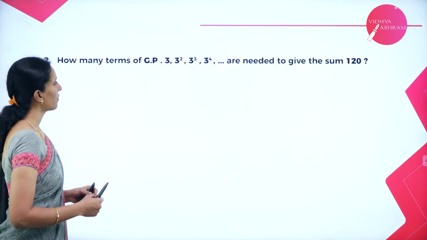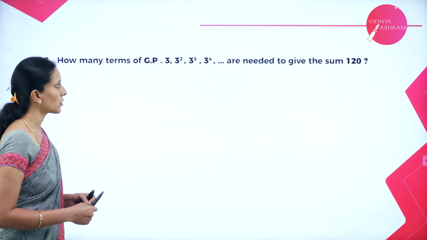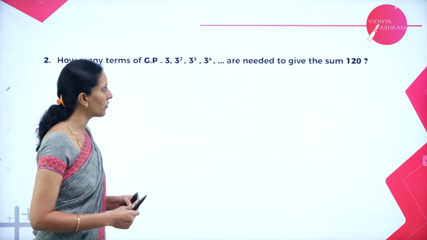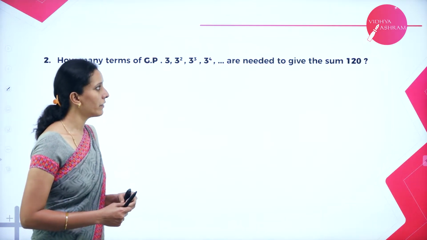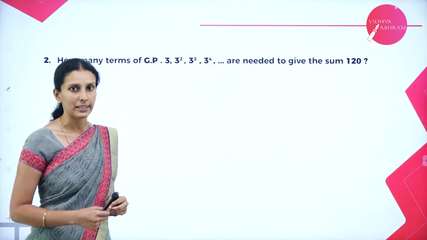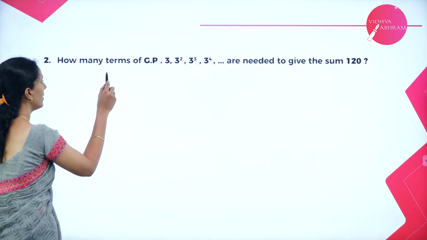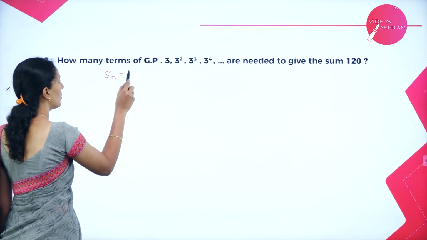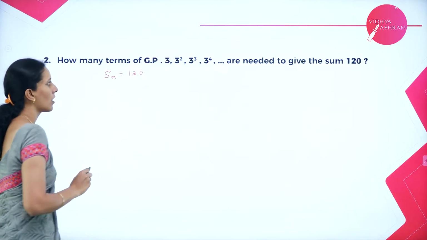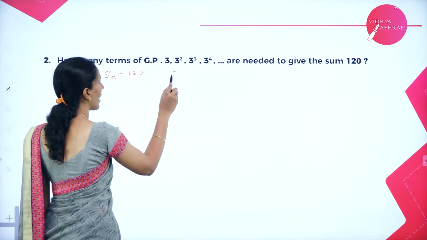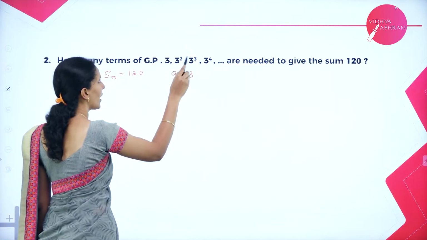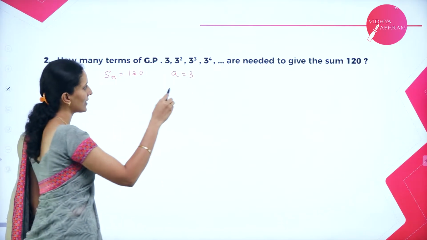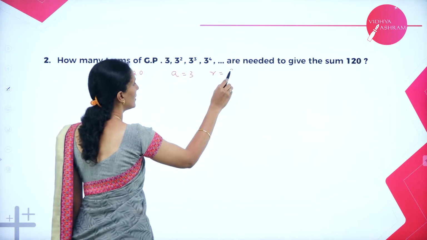How many terms of the GP 3, 3 square, 3 cube, 3 power 4 are needed to give the sum 120? So here they have given Sn is equal to 120 and A is given as 3. Clearly you can see the common ratio for the next term, that is R, is also 3 here.